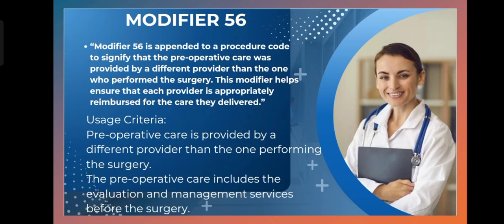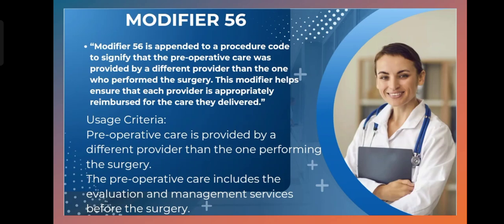Usage criteria: pre-operative care is provided by a different provider than the one performing the surgery. The pre-operative care includes the evaluation and management services before the surgery. Before the surgery, if some other provider performed evaluation and management services, they will examine whether for this procedure he is eligible or not, whether his condition is okay or not.